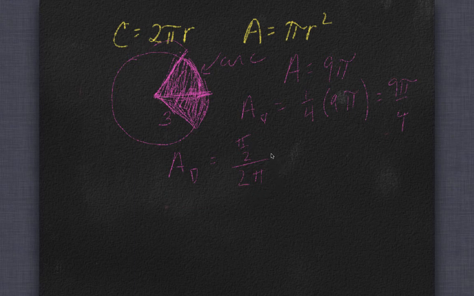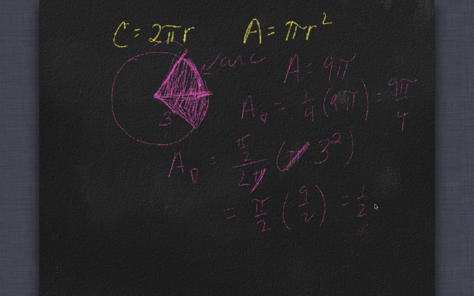So that's still this, but now I have pi times 3 squared. And so what I get is that this pi and this pi cancel. So what I have is the angle, pi over 2, times 9 over 2.